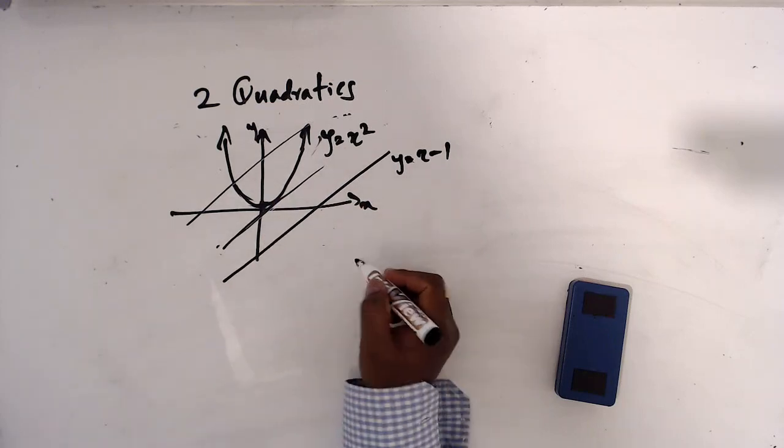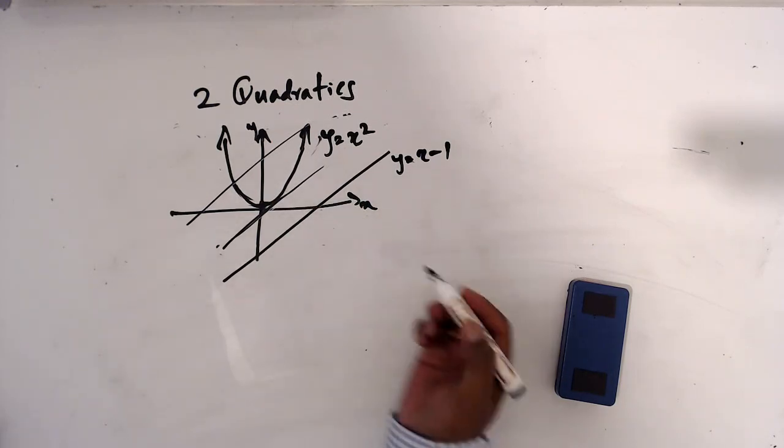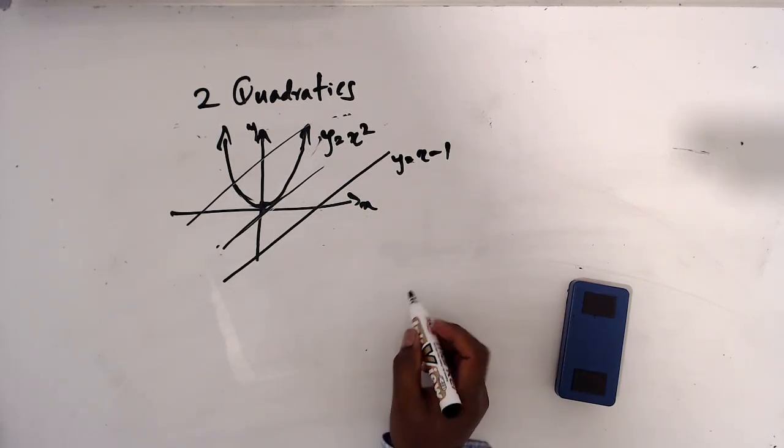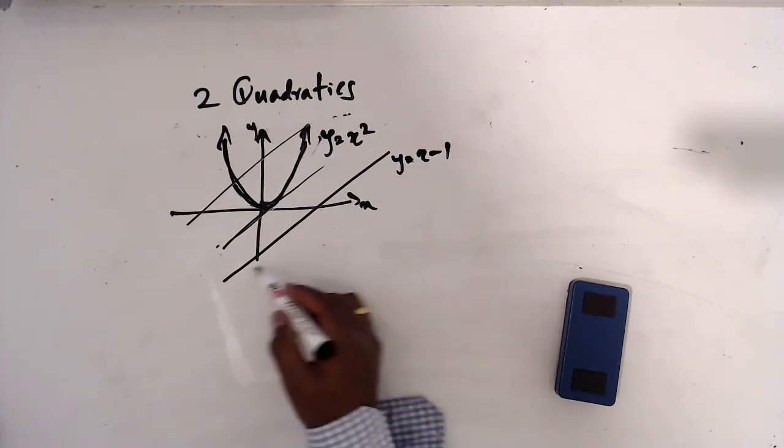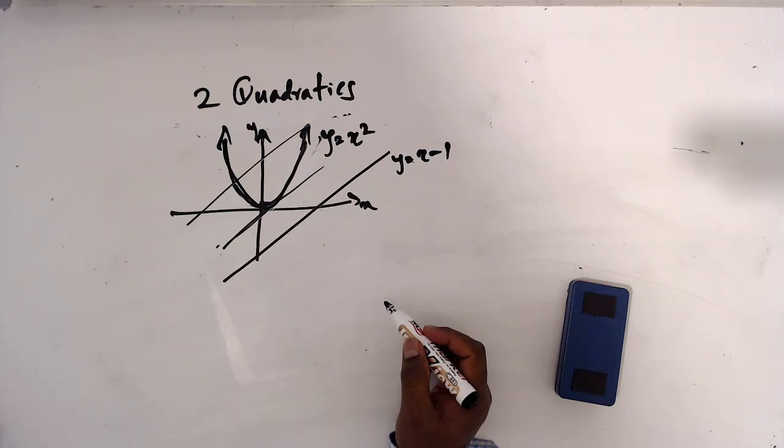We clearly know that those two graphs are not intersecting. The quadratic graph and this linear graph don't intersect each other. Then you can't find a solution. If we try to find a solution, we will see the inability of doing it.